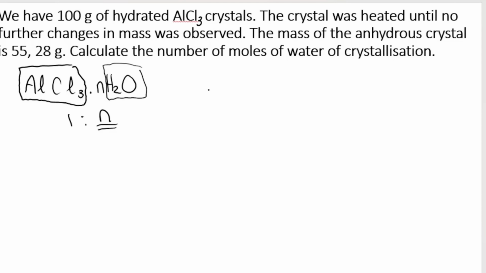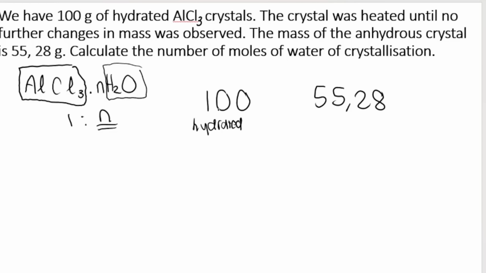Now remember, we started off with 100. We ended with 55,28. 100 represented the hydrated crystal. In other words, the stuff with water. 55,28 represented the anhydrous compound. In other words, the stuff without water.